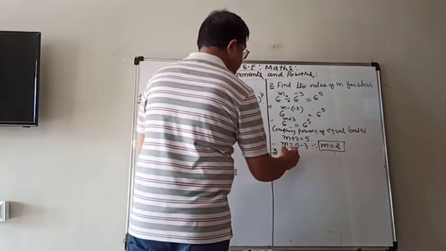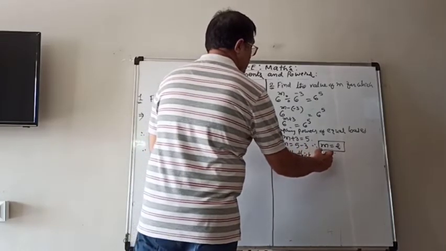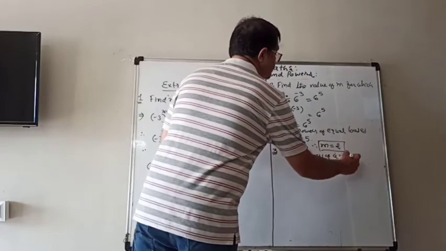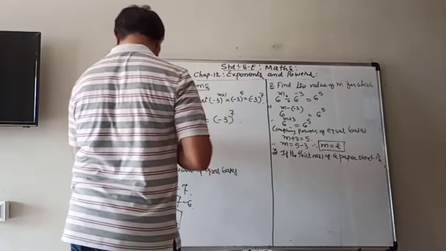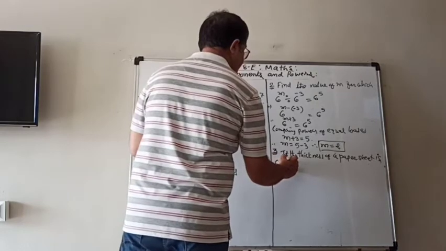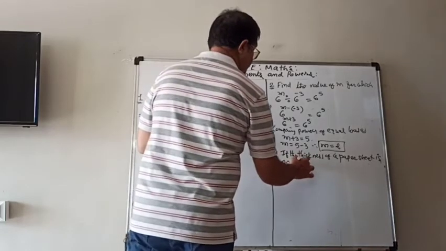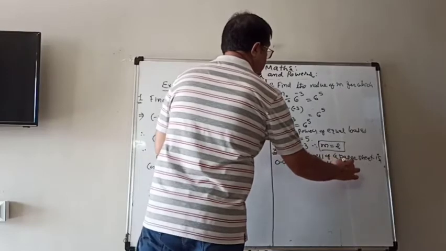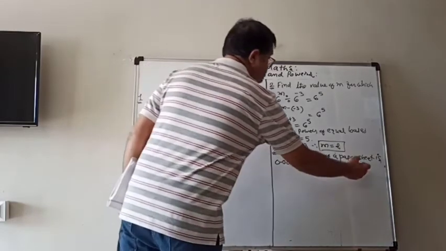If the thickness of a paper sheet is 0.0016, find the thickness of hundred sheets.